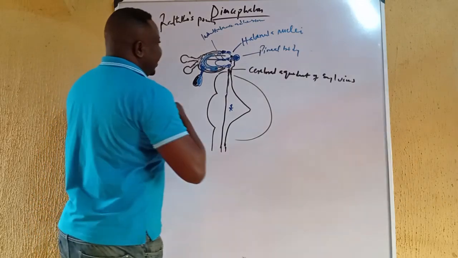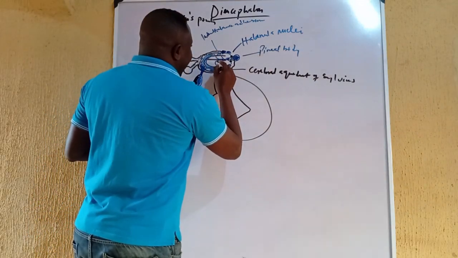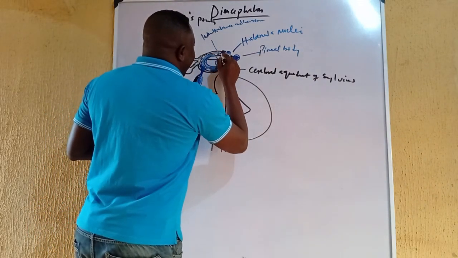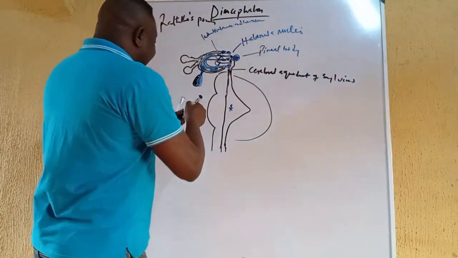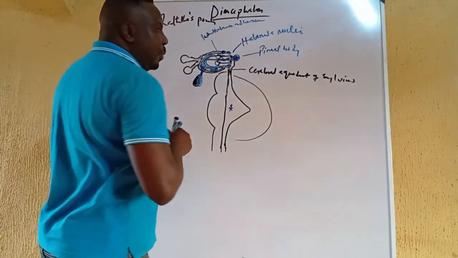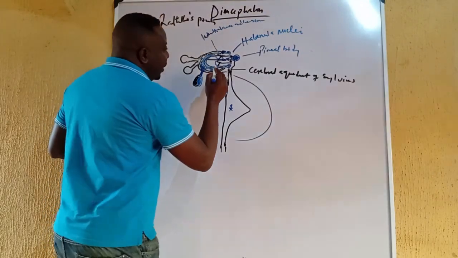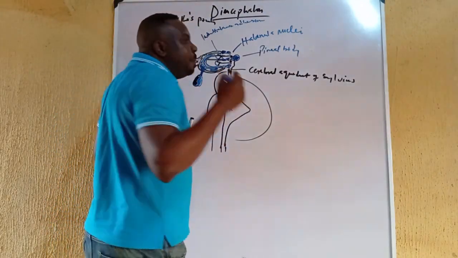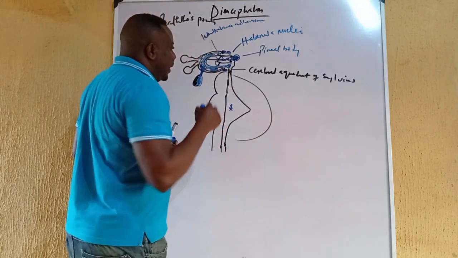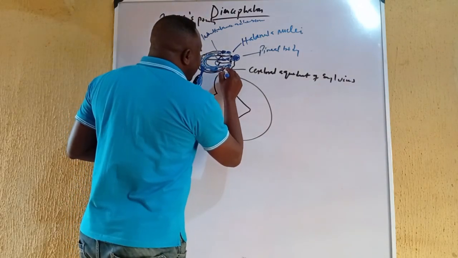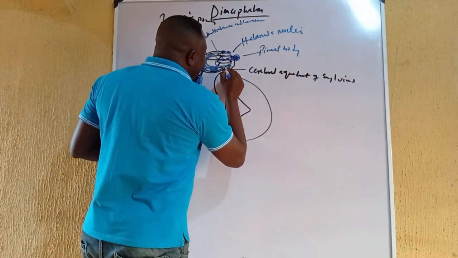And of course, we have the internal medullary lamina here. Then, below the thalamus, we also have a structure which is part of the basal ganglia. That structure is called the subthalamus.